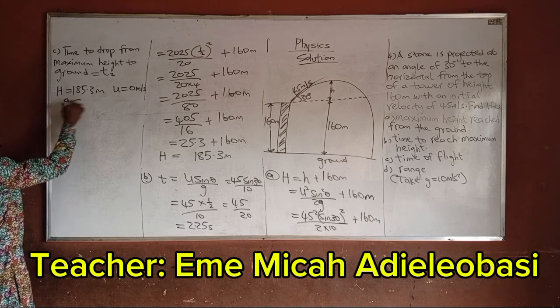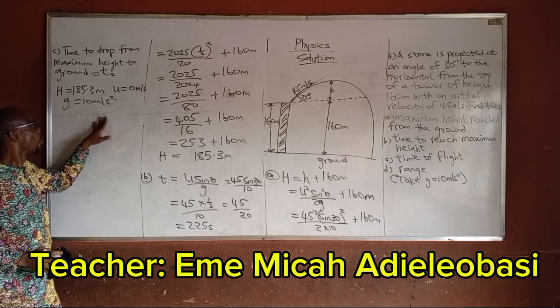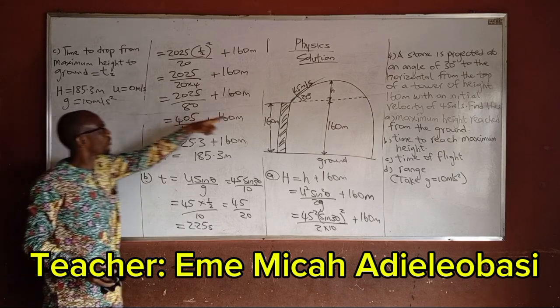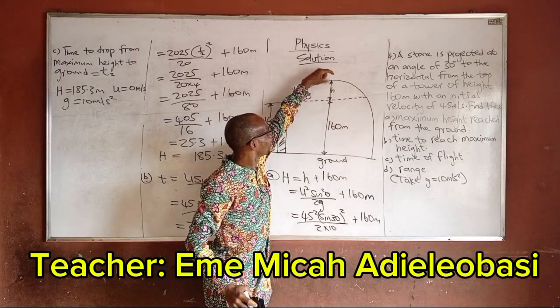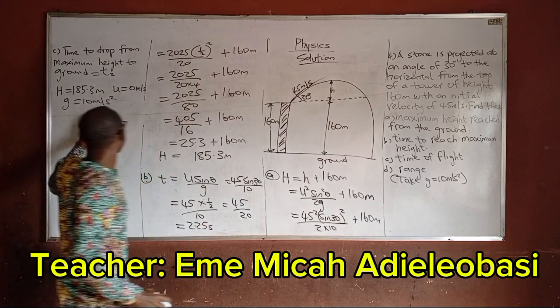We already know our G to be 10 meters per second squared. We can now introduce a linear formula to calculate that, because we are considering the body dropping from this height down.